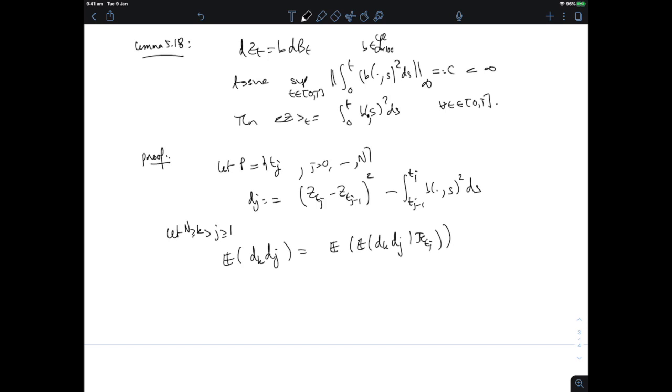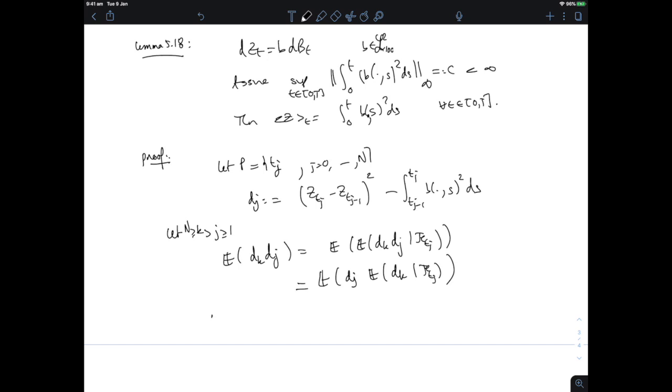And then what would that give me? Well, k is above j, but d_j is F_{t_j} measurable. So what I'm going to get here is the expectation of d_j times the conditional expectation of d_k given F_{t_j}. And I'm claiming that this is going to be 0.